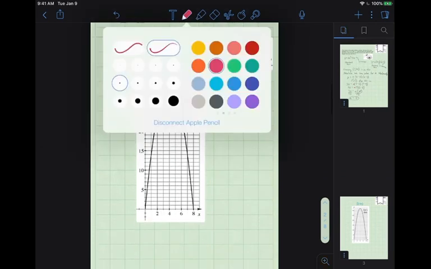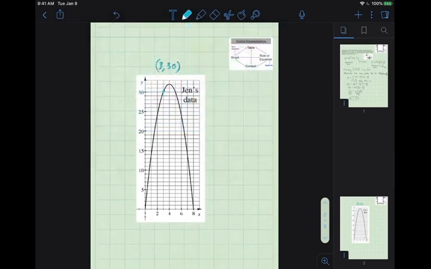Now this matches up with this graph. So here is 0, 0, both an x-intercept and y-intercept. This point, 8, 0 is your other x-intercept.